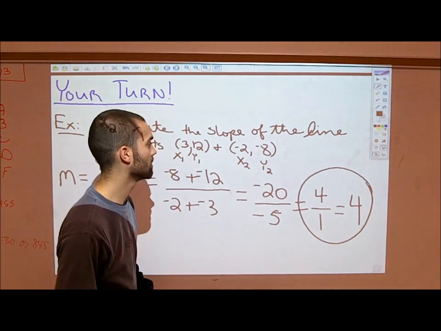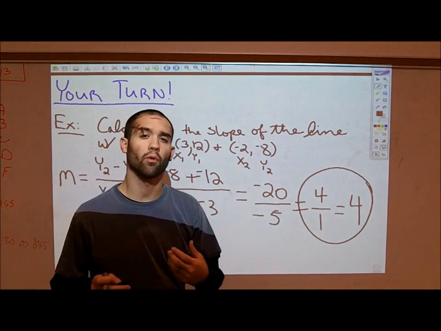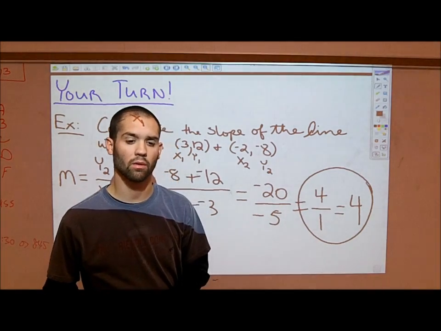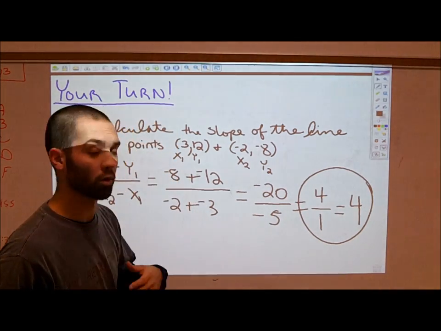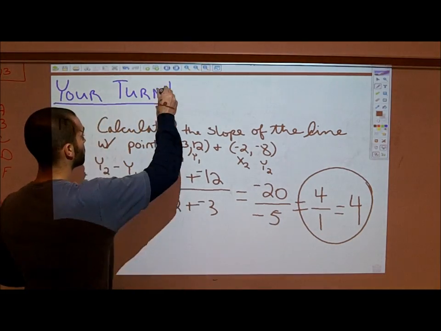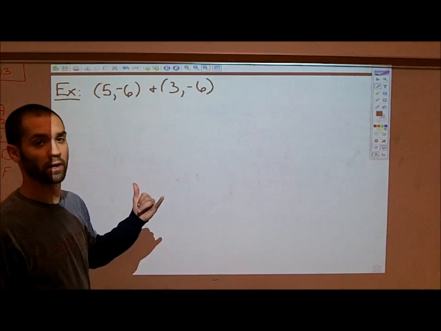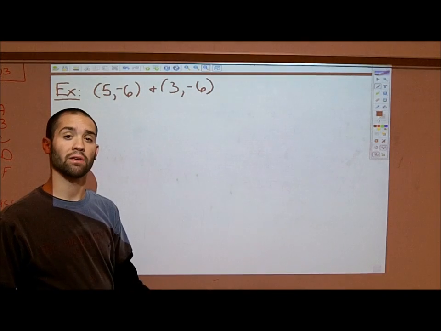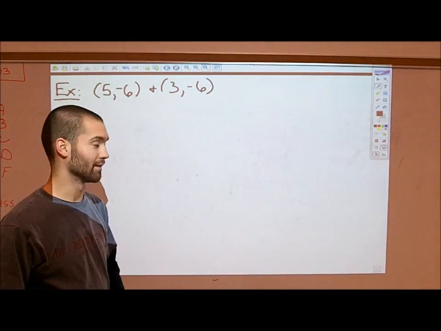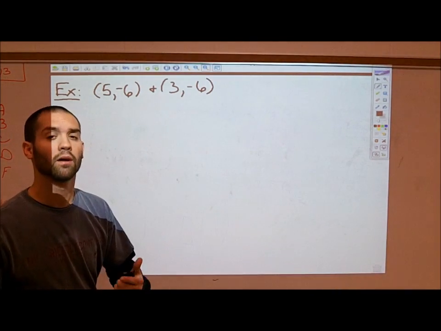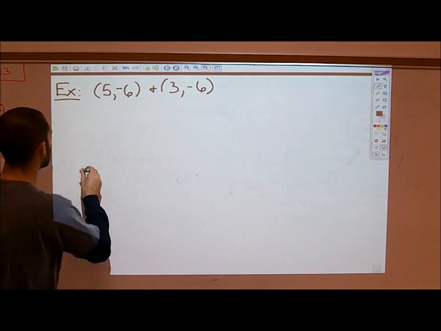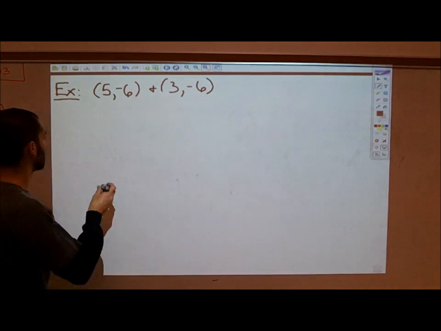Okay? All right, well, we just have a couple more situations I want to talk about. So we'll go ahead and move on to the next example. Okay, so what we're going to do, we've been given 2 points. Again, we're going to calculate the slope. Again, what do we always start off with? Our equation, our formula. Okay?